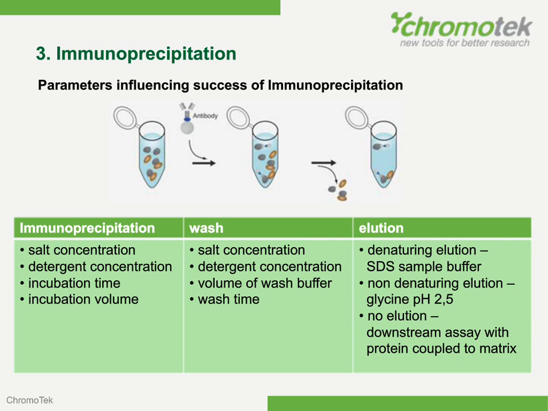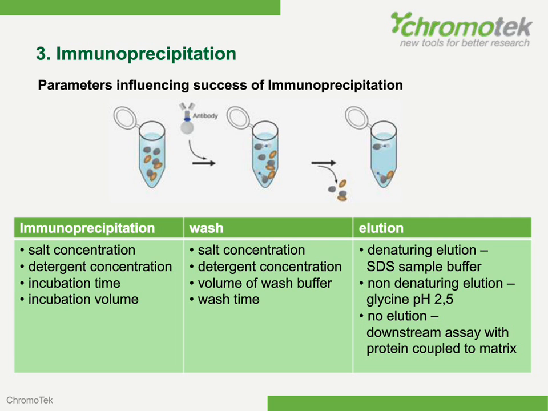The same is true for the washing step. During the wash, you can also optimize salt and detergent concentrations and time and volume. Elution of the protein from the beads is often done with denaturing SDS sample buffer. But if you need your protein non-denatured, you can try to elute with glycine pH 2.5.